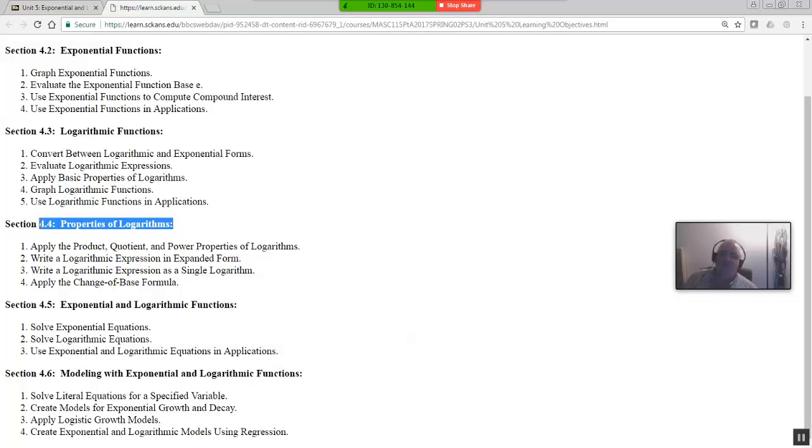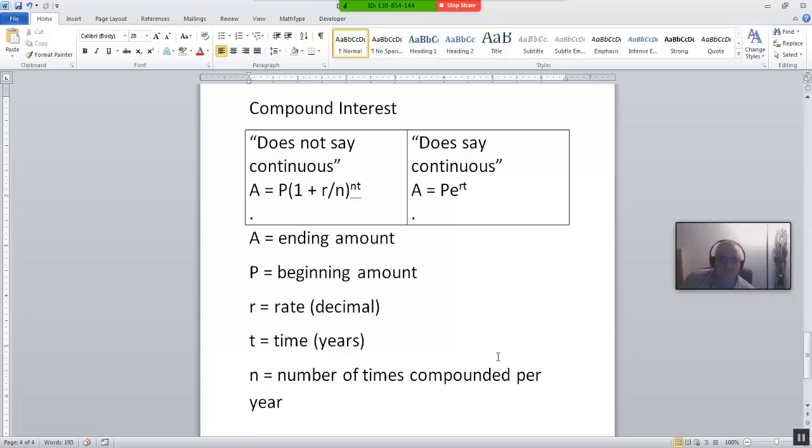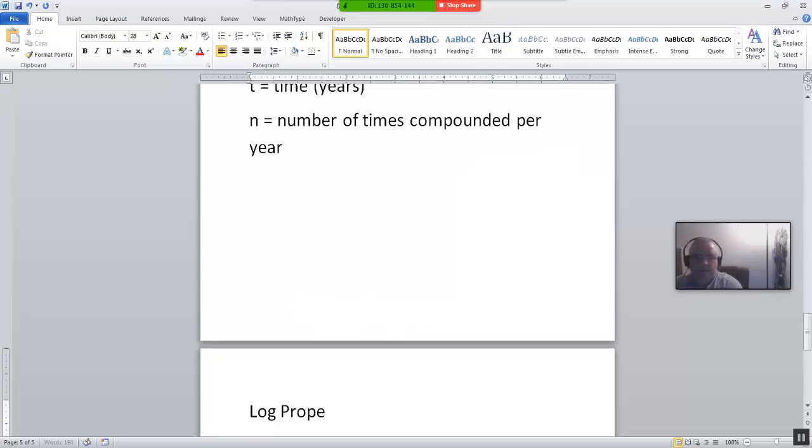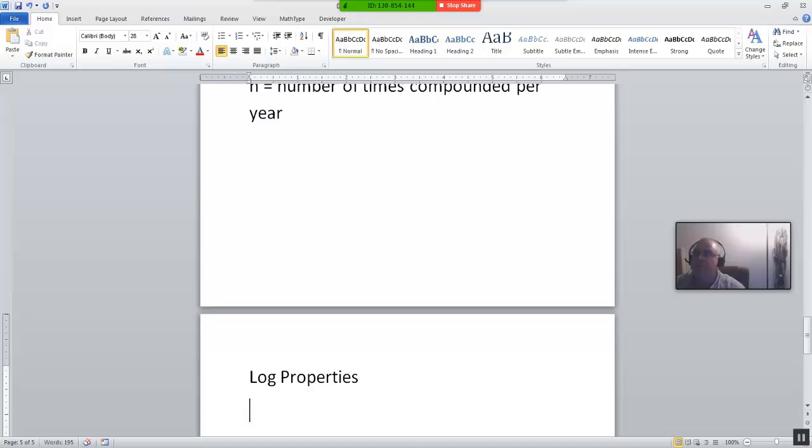These are the 3 main properties of logs: product, quotient, and power properties. We looked at some other log properties that are minor, like change of base and so forth, but these are the 3 main ones. If you have log of something plus log of something, addition becomes multiplication.